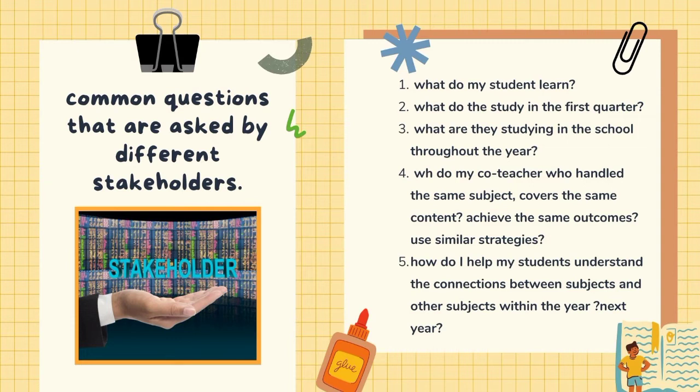Do my co-teachers who handle the same subjects cover the same content, achieve the same outcomes, use similar strategies? How do I help my students understand the connections between the subject and the other subjects within the year or next year? Curriculum mapping may be able to answer these questions above.